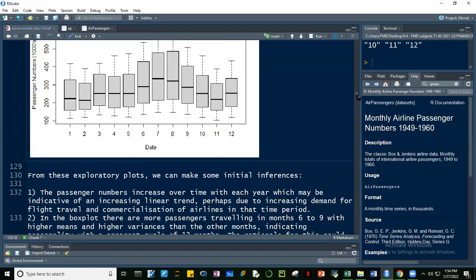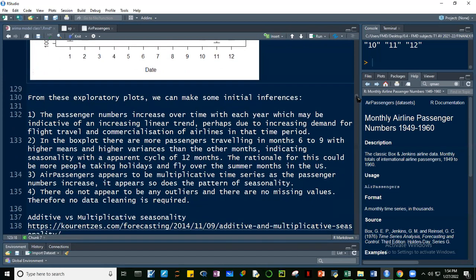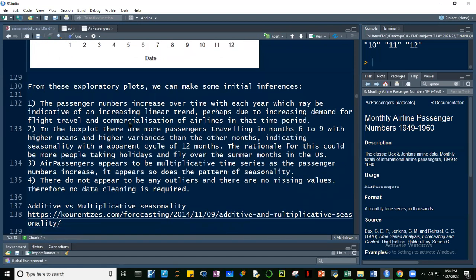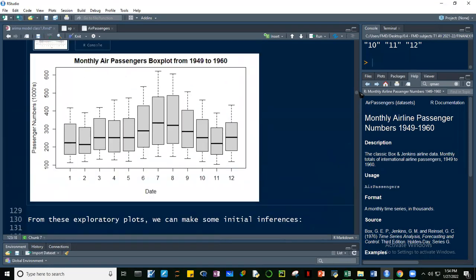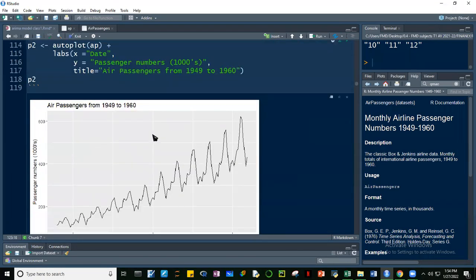Just some notes about that. Please read this, guys. Passenger numbers increase over time with each year, which may be indicative of an increasing linear trend. We can see in our plot that there really is a linear trend.